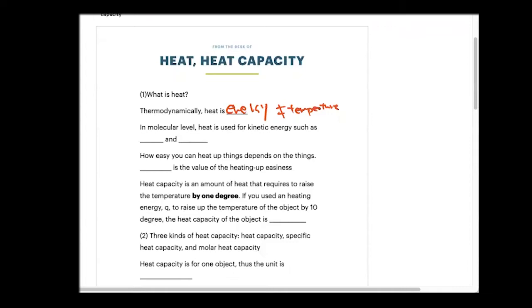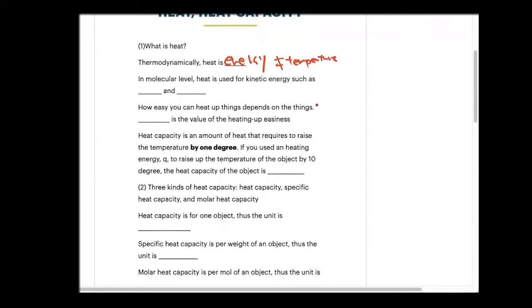And at the molecular level, heat is used for both kinetic energy and potential energy. If heat is used for kinetic energy, it is going to be molecule movement, like speed and vibration.